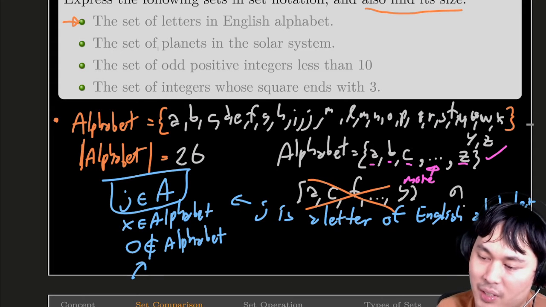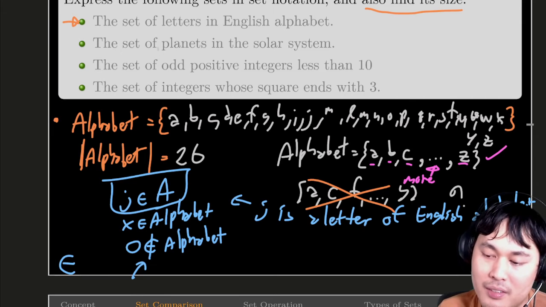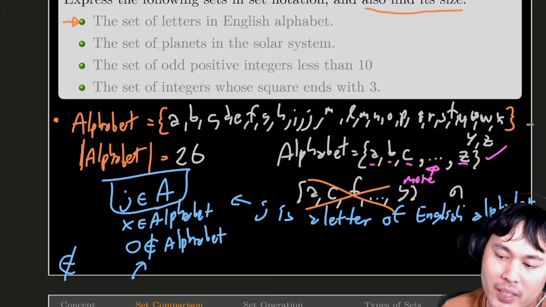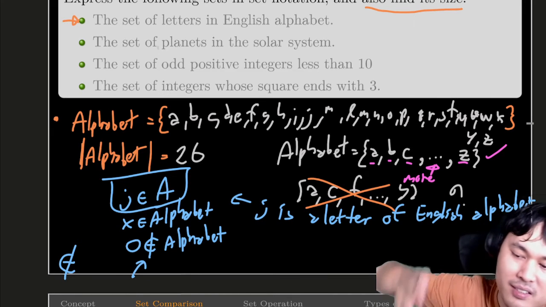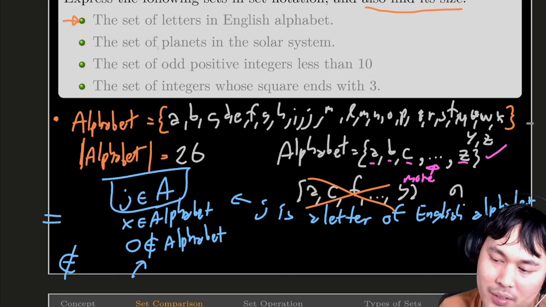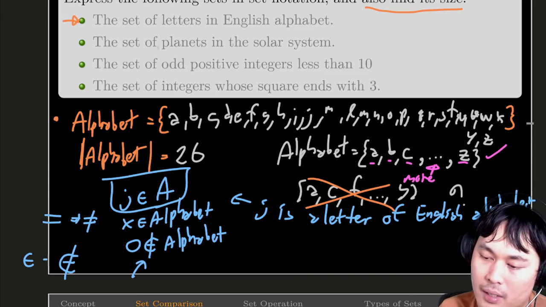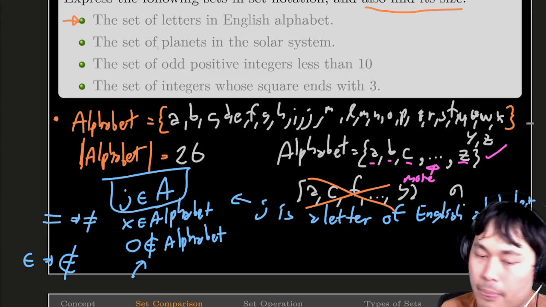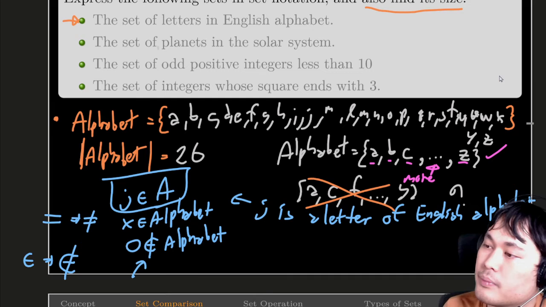Oh yeah, I forgot to mention that if something can be in the set, then you can say that something is not in the set by using the same symbol with a dash that says it's not, just like equals and not equals: a member and not a member. So that's the first example.